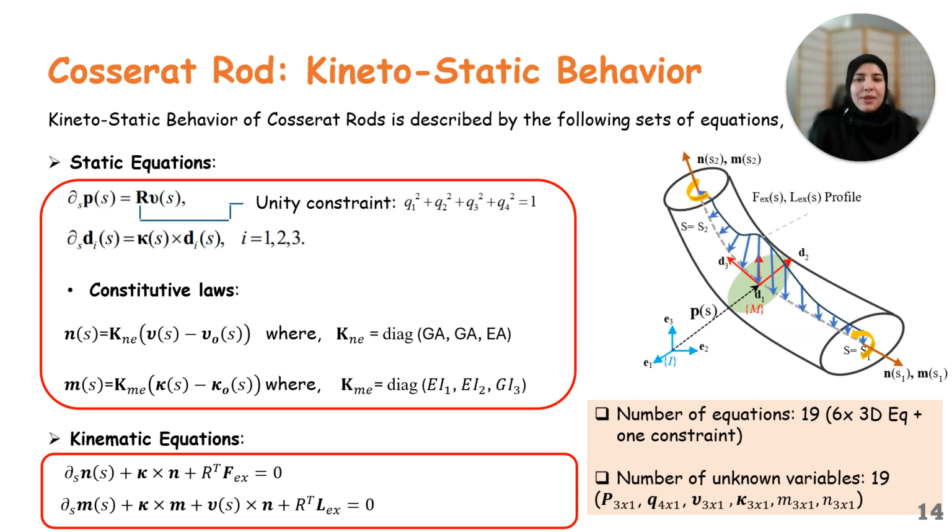And as you can see here, the number of equations is 19, which includes 6 three-dimensional equations plus 1 unity constraint that applies to the quaternions, and the number of unknown variables is the same, 19. You can see that our unknown variables include the position vector, quaternion, kappa, and internal moments and forces.